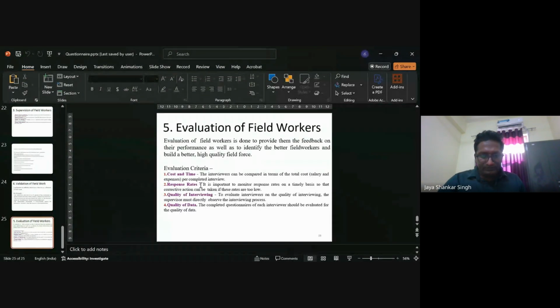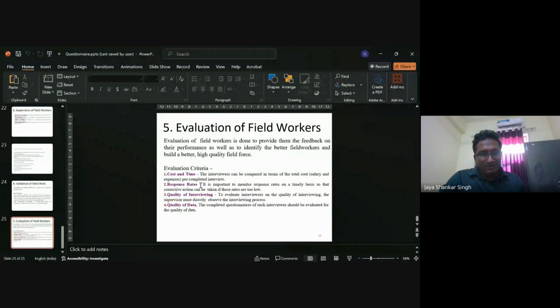Okay. Then you do the evaluation of the field worker. These are the criteria of evaluation: cost, time, response rate, how many responses they are getting, quality of interviewing, quality of data. You can see this evaluation is very common for any type of job. Suppose you have a field worker doing marketing work, then you can also use all these criteria to evaluate their performance.